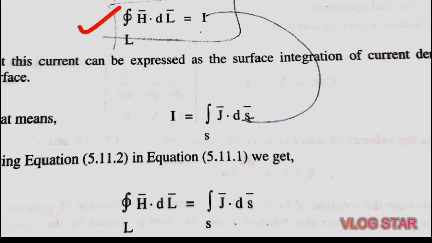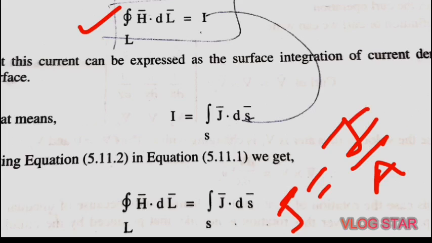Then this current can be expressed as the surface integration of current density over the surface also. We know that current density J is equal to I divided by A, meaning current flowing per unit area is nothing but current density. So we can write I is equal to J bar dot ds bar in terms of current density.